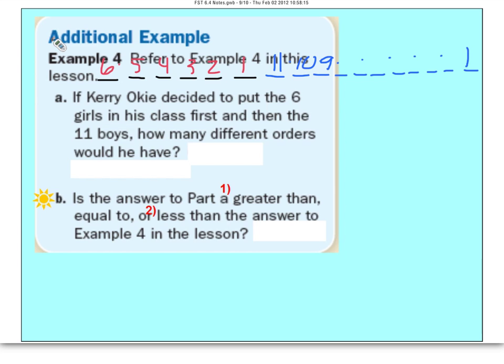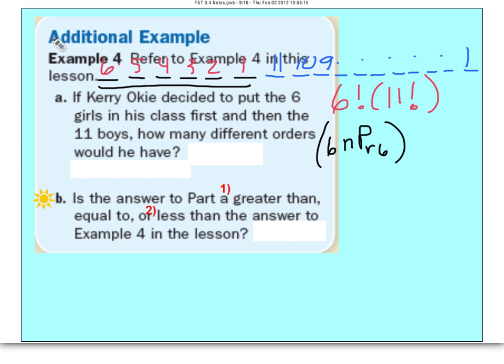So a couple things you could do. If you use the calculator, you could say it is 6 factorial times 11 factorial. Or you could break it down and just look at the girls first. If we do the nPr button, he's going to do 6 nPr 6, 6 girls choose 6.